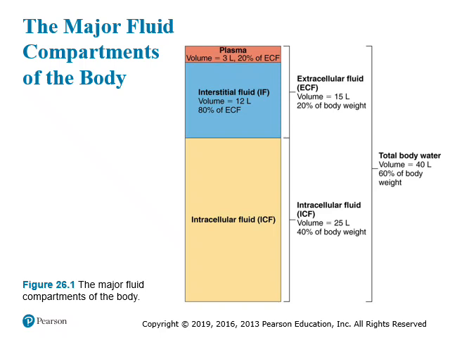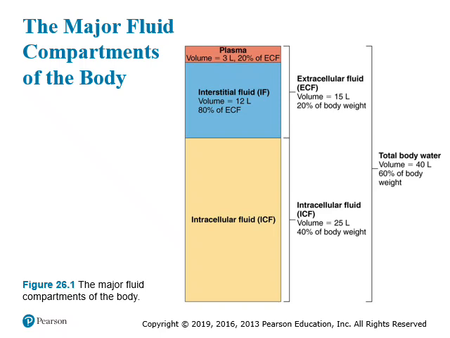Pretty much the water content is also less with the fat content of the female body. Total body water in adults would average roughly 40 liters. The water content declines to about 45% in old age.